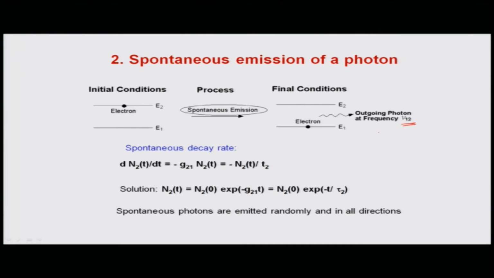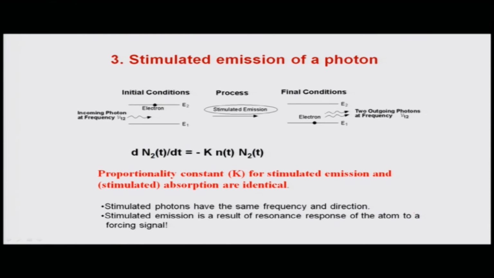However, it does not have any directionality. So, as per the solution, we will have that many outgoing photons with respect to the incoming, and they are emitted randomly and in all directions. This is the spontaneous decay rate. These are the rate equations that we had already looked at, but in a little more quantitative manner.